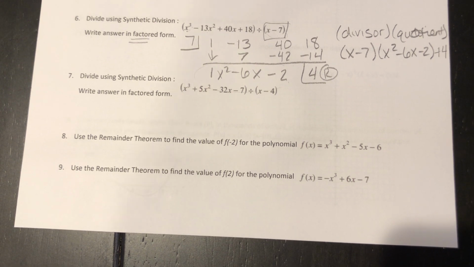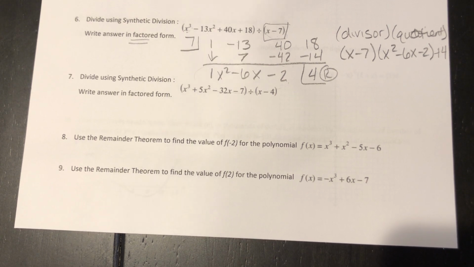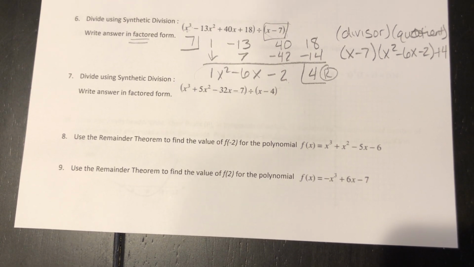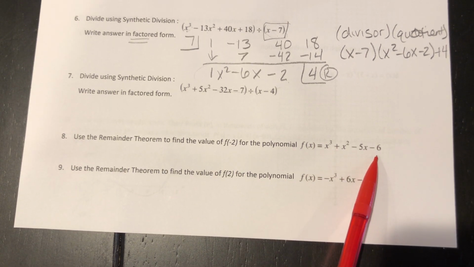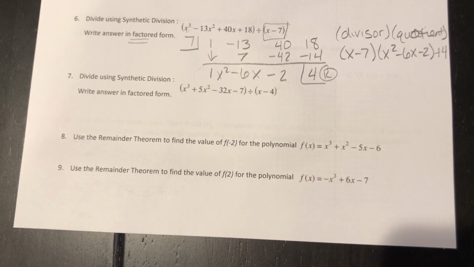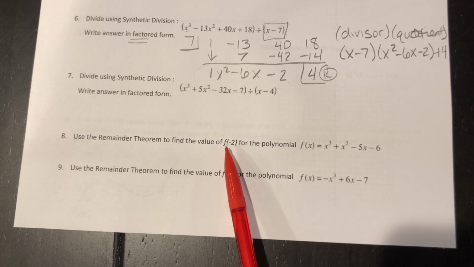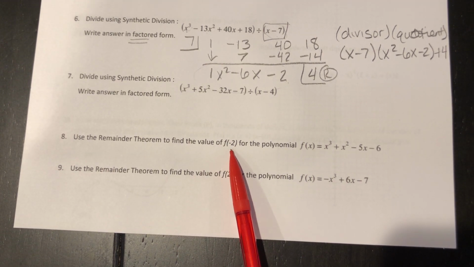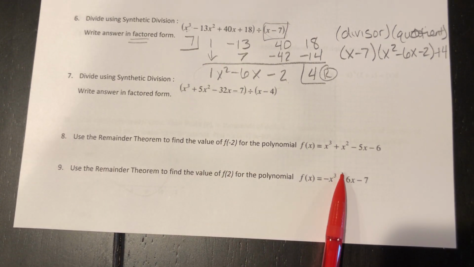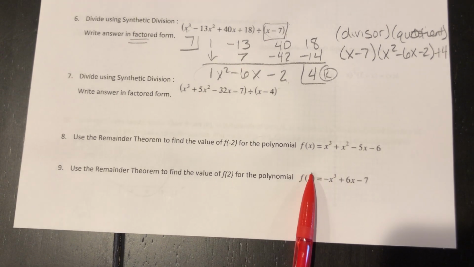It says, use the remainder theorem to find the value of f of negative 2 for the polynomial. So there's 2 ways you can do this. You could plug in negative 2 in for x and simplify, or you could divide by negative 2, and whatever the remainder is would be the answer.